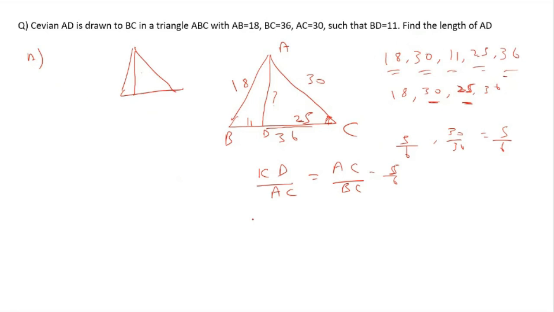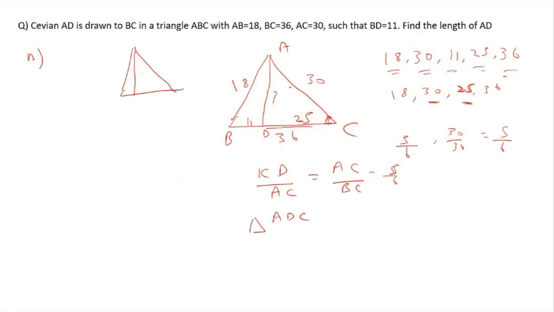Right. So if I talk about this small triangle, ADC, the numbers that I'm involving are 25, 36, and 30. So this triangle is getting involved because of 25 and 30, and this big triangle is getting involved because of 36 and 30.